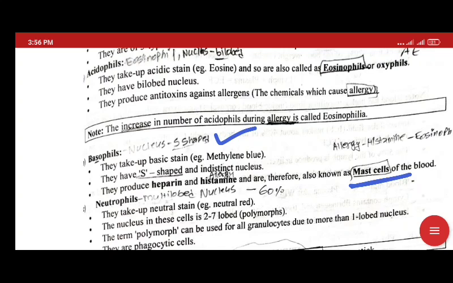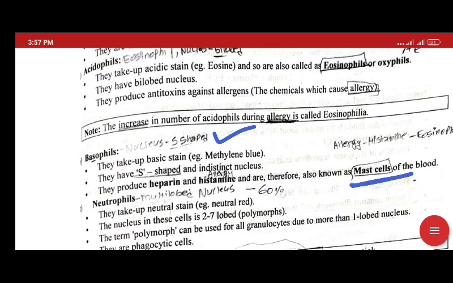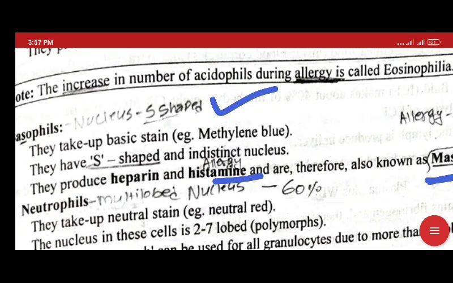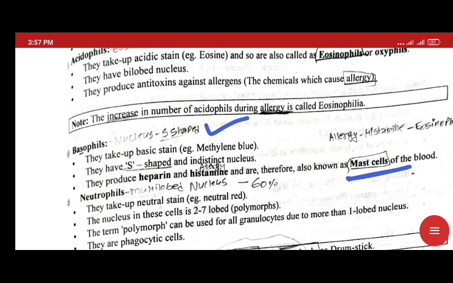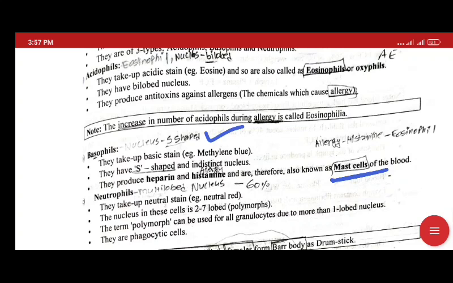We already told that histamine has an amine, so it is a vasodilator, and serotonin is a vasoconstrictor. Histamine is for allergy, and eosinophil is also for allergy.